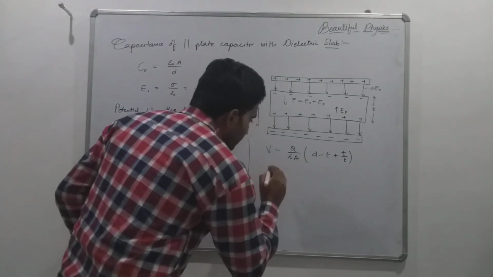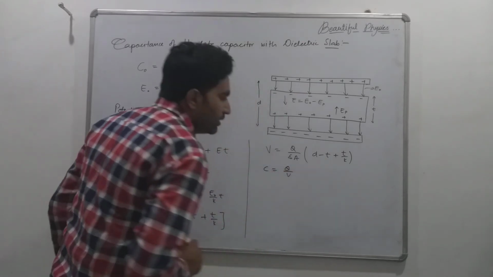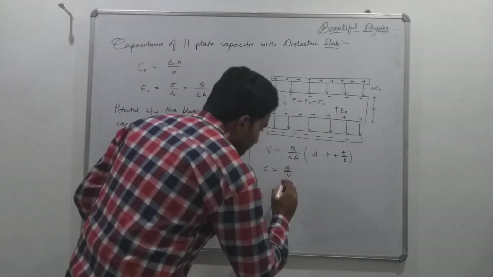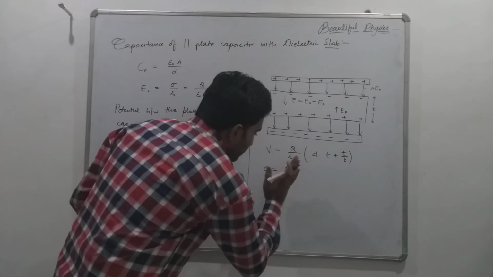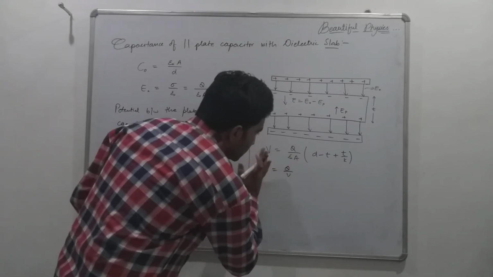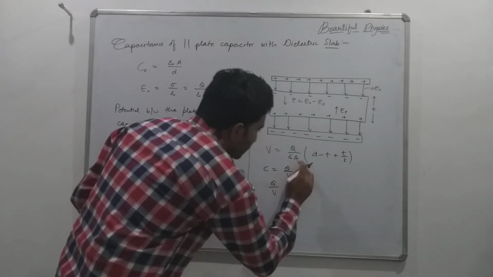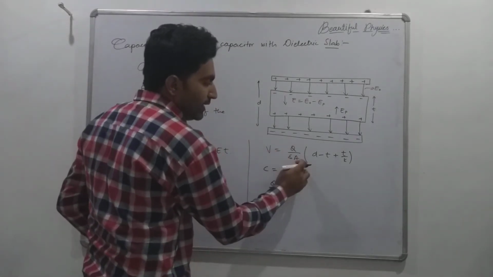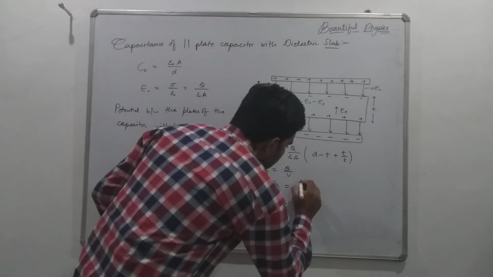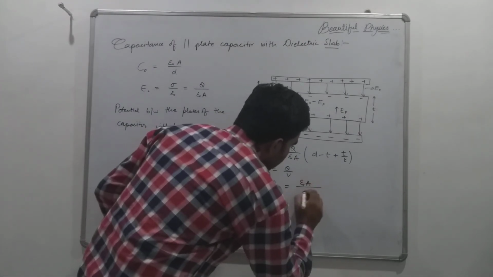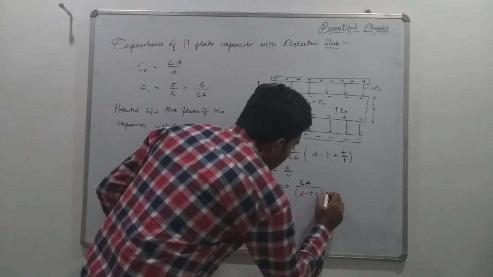And we can write capacitance C is equal to Q by V. So V is cross multiplied here, and the other terms go towards the right side: C equals epsilon naught A divided by (d minus t plus t by kappa).